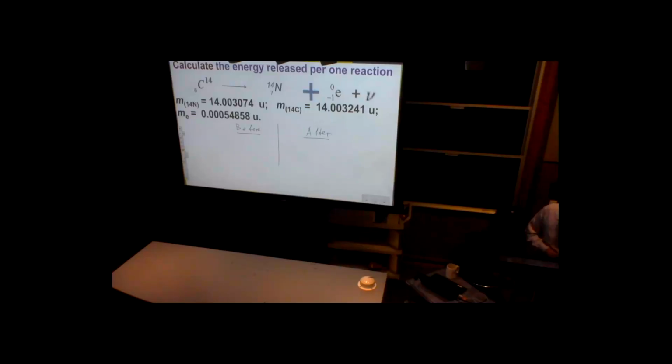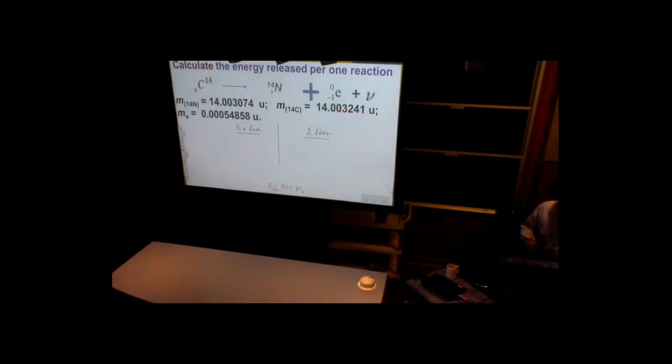But we don't have to do that. Here we just need to use the equation which relates energy and mass of anything if we measure energy in mega electron volts and measure mass in atomic units.